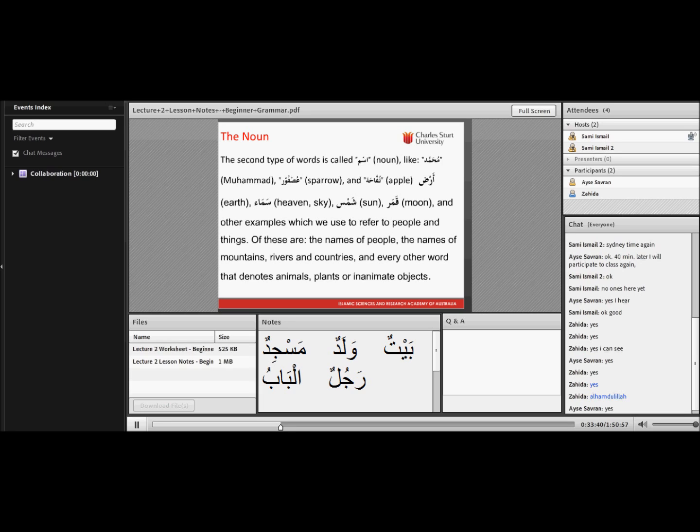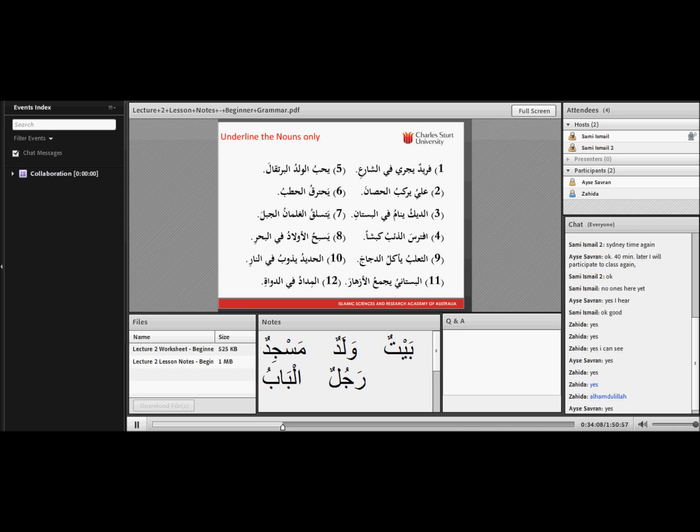In Arabic, we call them ism. So ism is a noun, and asma will be nouns. So if I use sometimes asma, keep in mind that what I mean is nouns in the plural form.